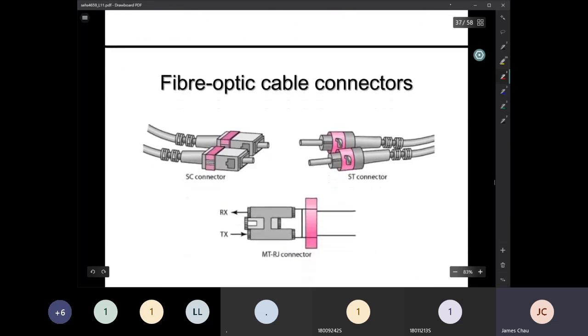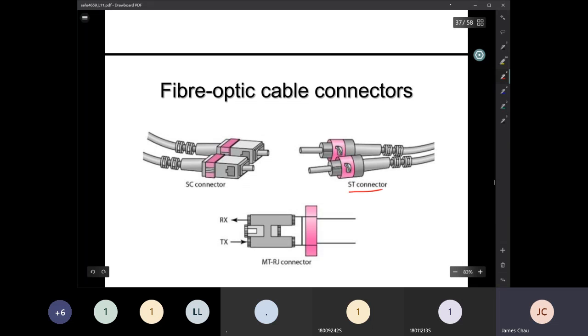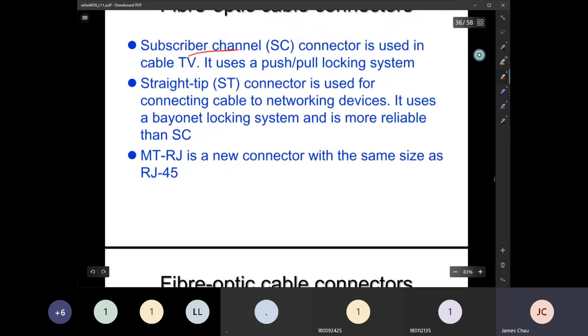On the next page, you see the connector where you just plug the male socket into the female socket, and it can be locked. Until you push a button, it can be unlocked. And we have the ST connector that looks like the coaxial cable connector. In the middle we have a bayonet locking system, and it is more reliable because it can securely connect to your female sockets.